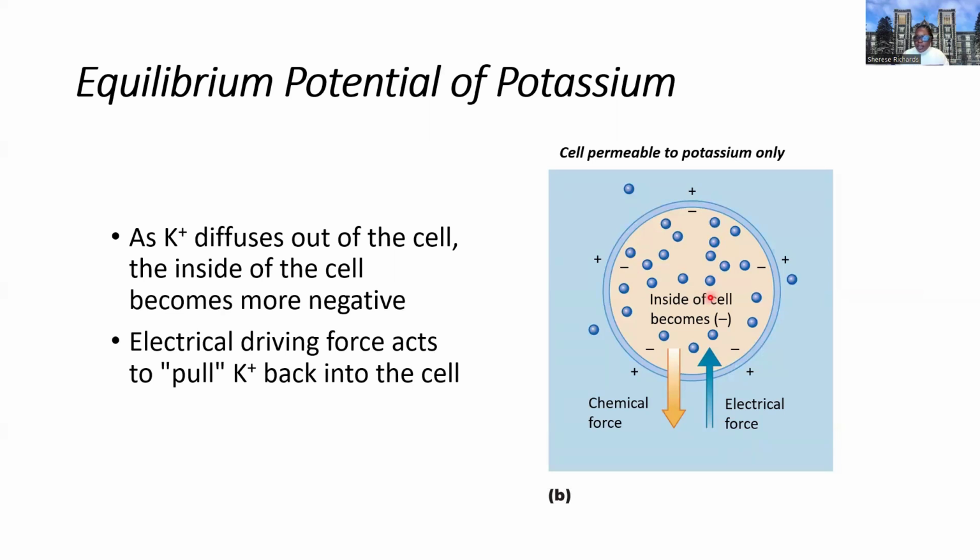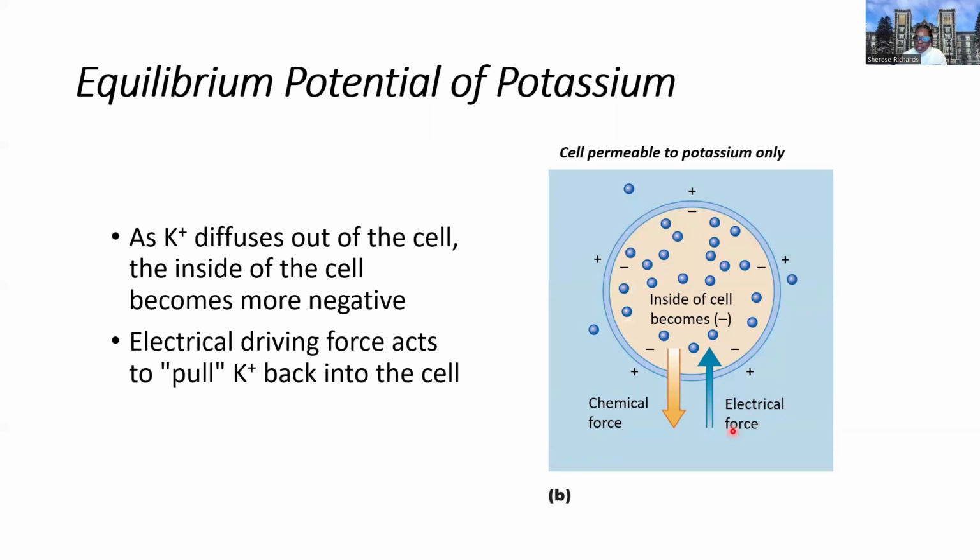Now we can introduce the electrical driving force. And based on what we described earlier about the electrical driving force, it is based on the charge on the particle in question and the polarity of the cell. So because we now have an unopposed negative charge and the inside of the cell becomes more negative, and potassium is a positively charged ion, now we have an electrical force pulling it back in the opposite direction.